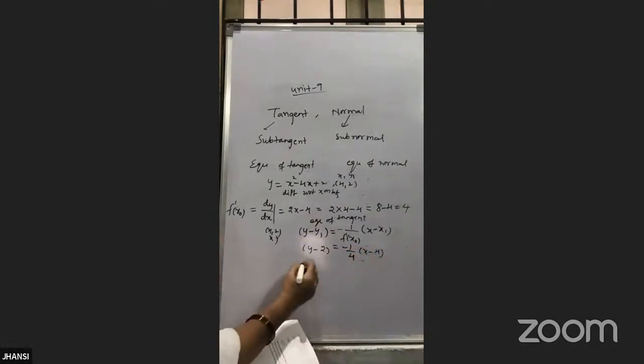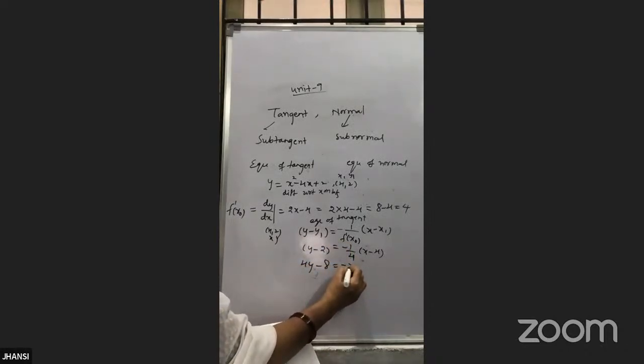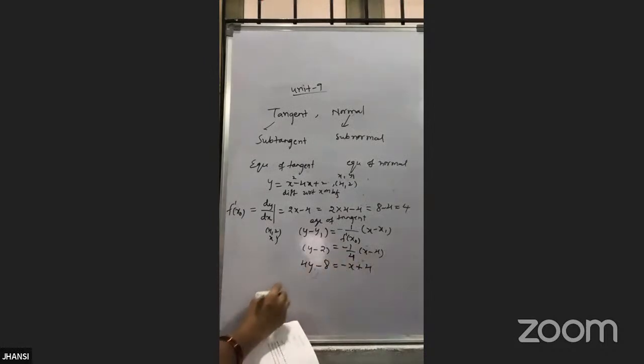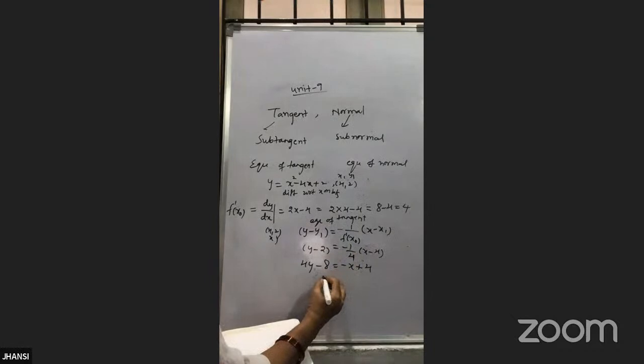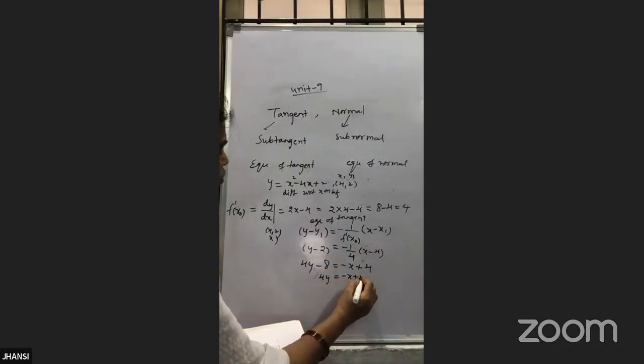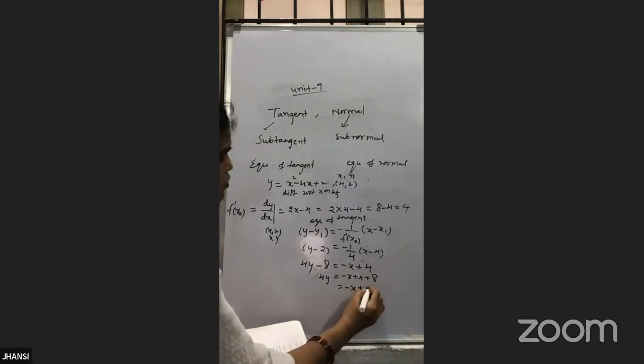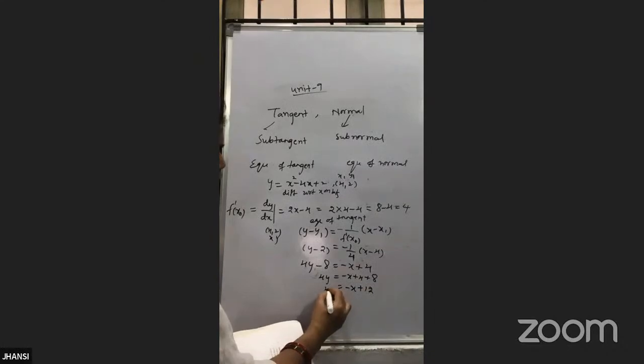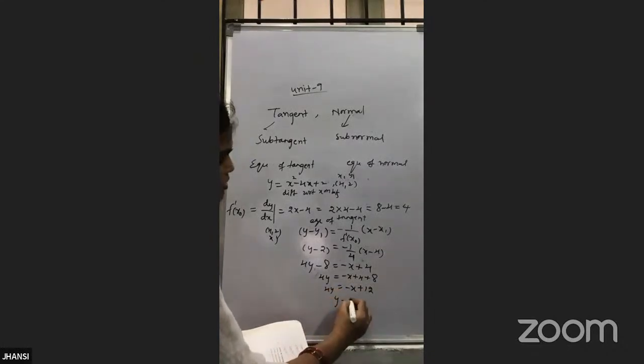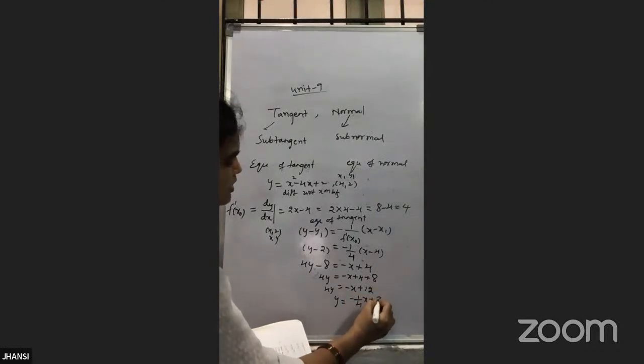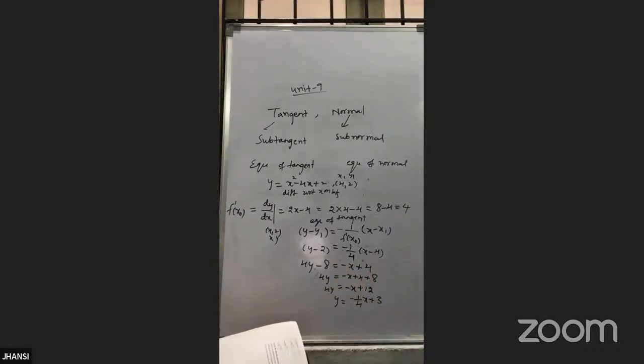If you simplify, cross multiply: 4 into y minus 8 equals minus x plus 4. You need y, no? So 4y is equal to minus x plus 4 plus 8, so minus x plus 12. So y is equal to minus 1 by 4 x plus 3.